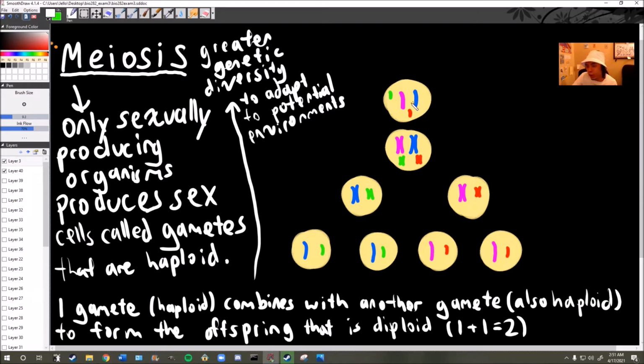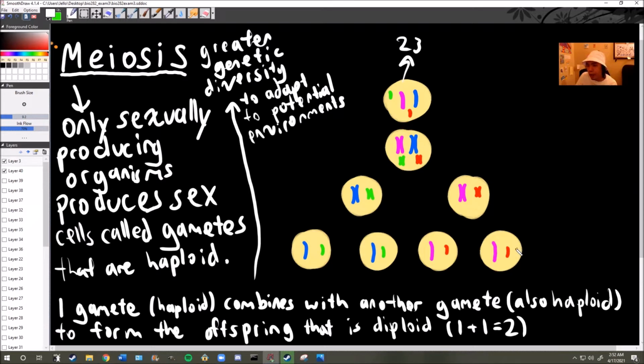And if you think about this, over here there are only two sets of homologous chromosomes represented. For humans, we have 23 of them. So that's happening for 23 of them, and they're all being segregated in such a manner. So our gametes have an insane amount of genetic diversity among them.